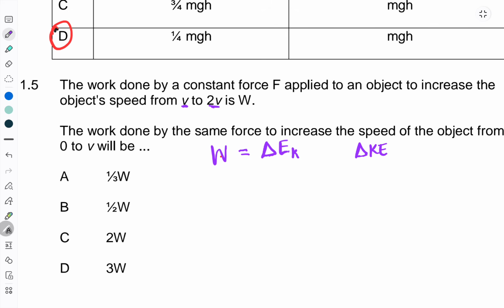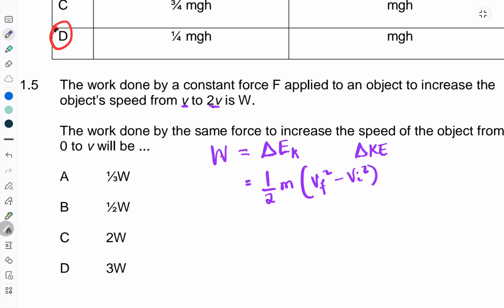All right, let's first check this one. When the object's speed changes from V to 2V, what do we get? Our work done should be half m times vf squared minus vi squared.